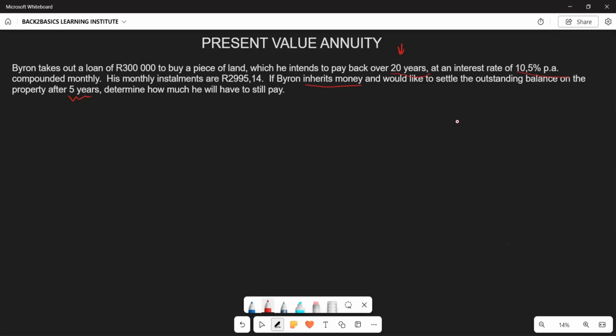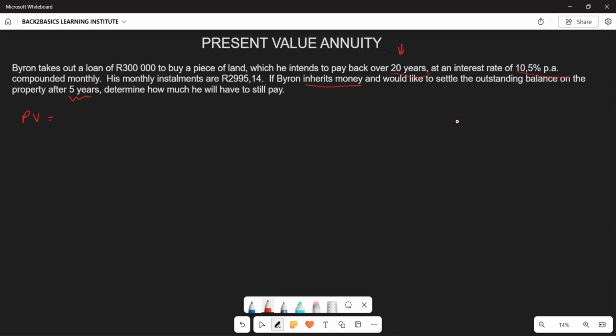So we want to calculate the amount outstanding after he has paid for the first 5 years. Let's start here. This is going to be our present value, which is what we are seeking to find after 5 years.